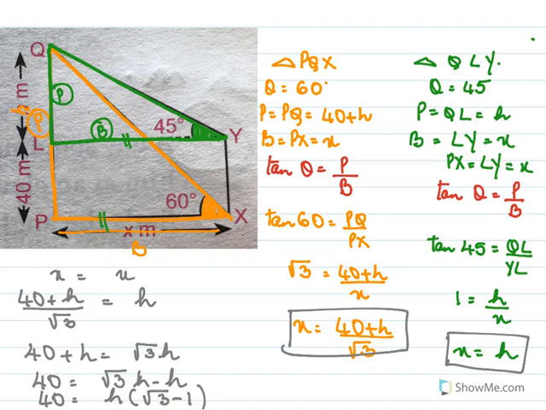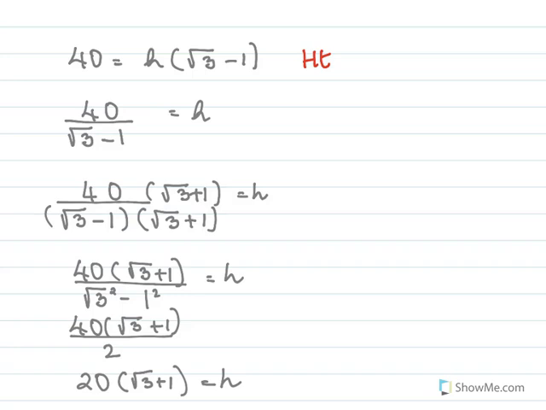Now to find the whole height of the tower, PQ is the height of the tower, this entire PQ. PQ is equal to PL plus QL.